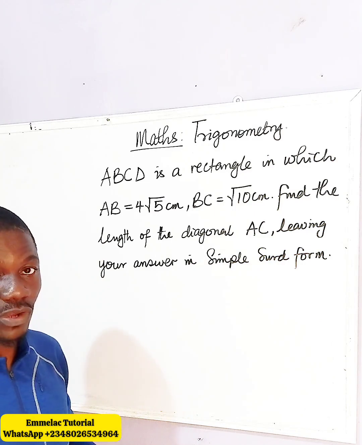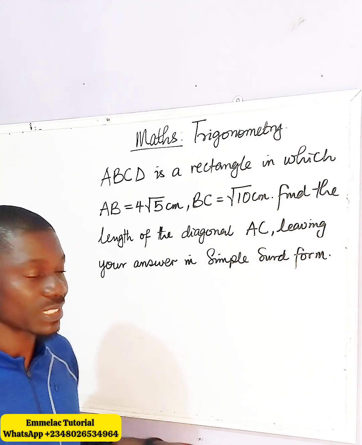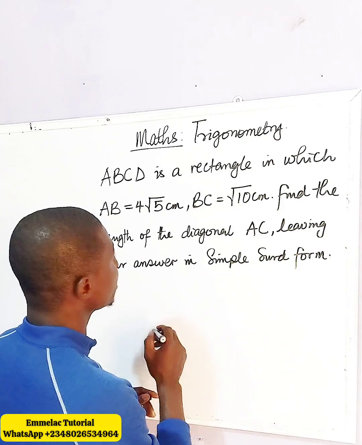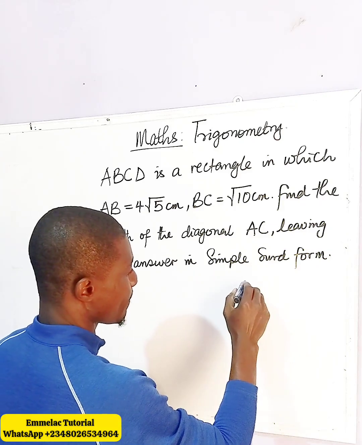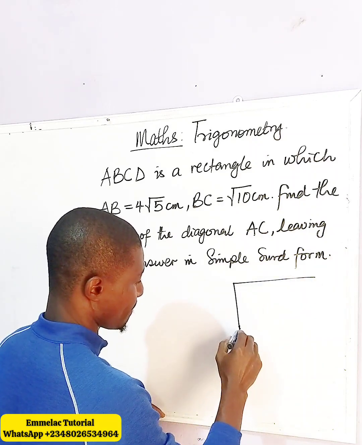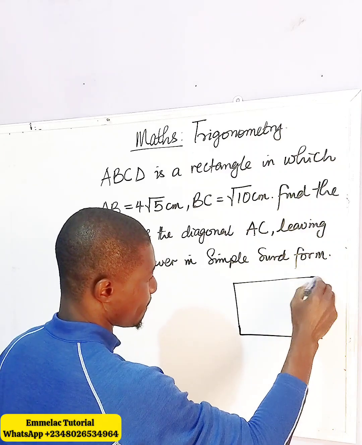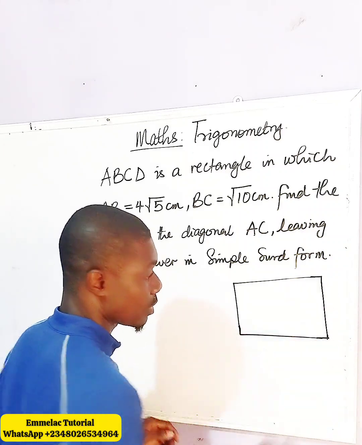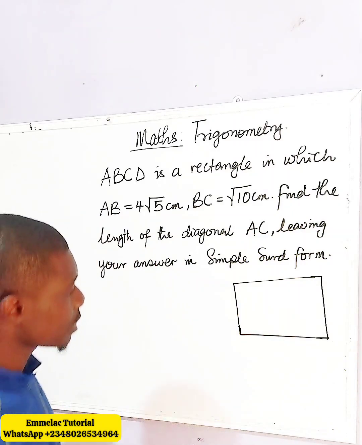Okay, first of all, let us draw out the rectangle ABCD. So let's assume here that this is not drawn to scale.